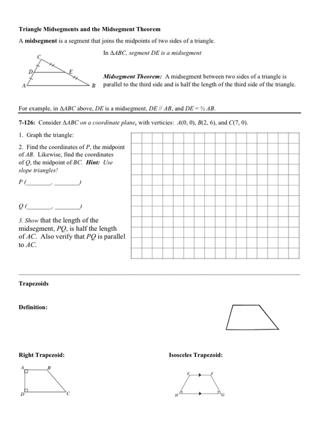In problem 7-126, we are going to graph triangle ABC on the coordinate plane below. The first thing we are asked to do is to find the coordinates of P, which is the midpoint of segment AB. Then we will find the coordinates of point Q, which is the midpoint of segment BC.